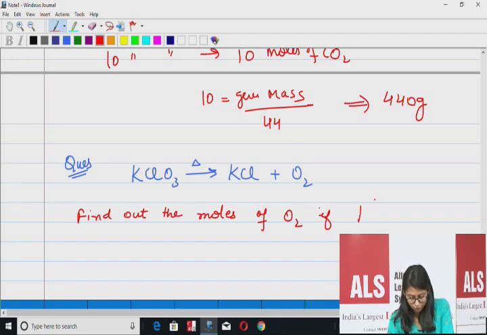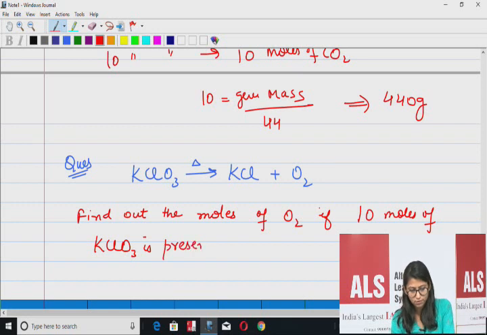If 10 moles of KClO3 is present. Try it, everyone. I tried to make it a simpler one, you know.